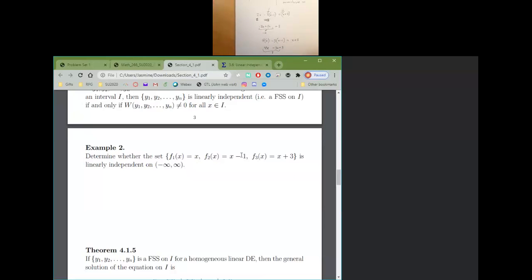I think that this is the simplest way to go about it, dealing with the more complicated terms, x minus 1 and x plus 3 first. These are the two that have constants involved. So what I need is to figure out how I can sum these up so that this sum of constants will equal this sum of constants, right? So if this was x minus 2 and x plus 5, then it might be a little different.